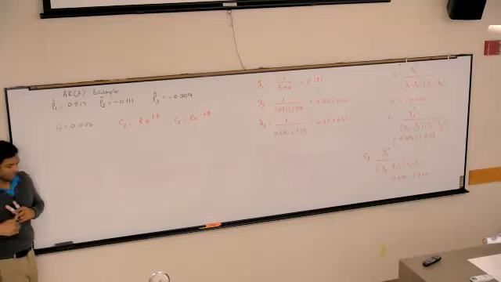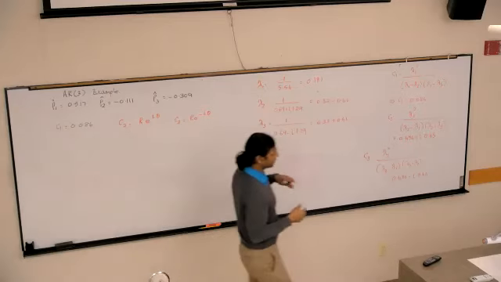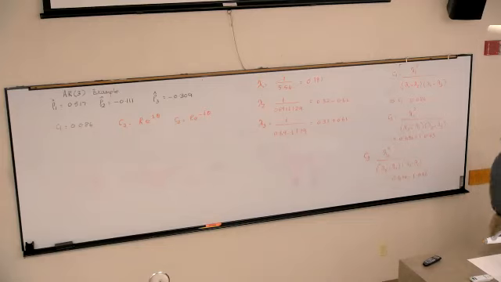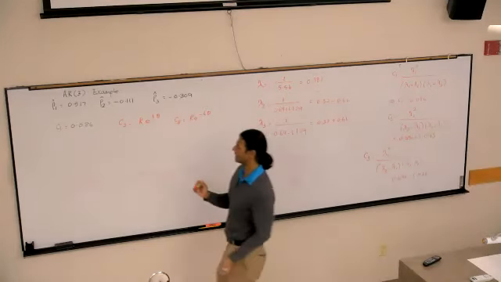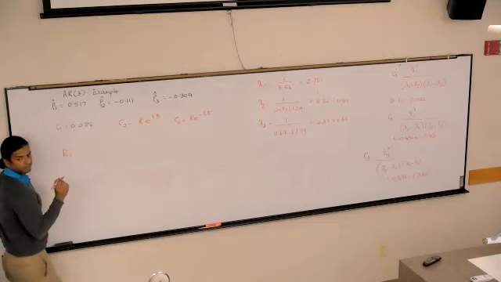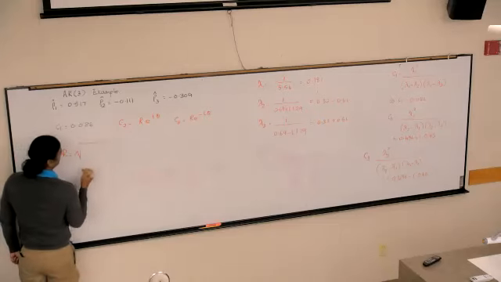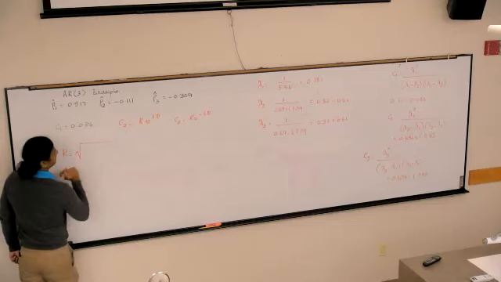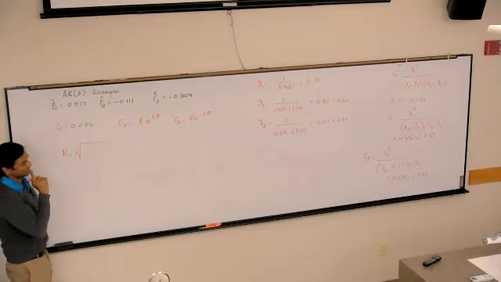Yes, and we know what the values are. How do we find R? R is the magnitude. How do you find the magnitude of a complex number? Something squared plus something squared. What are the two somethings?